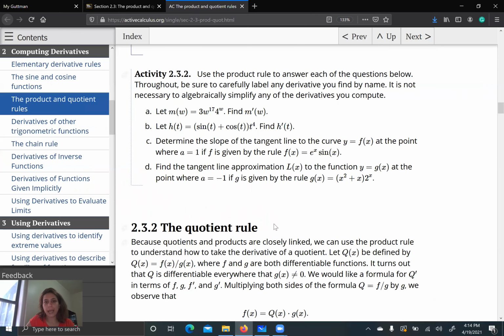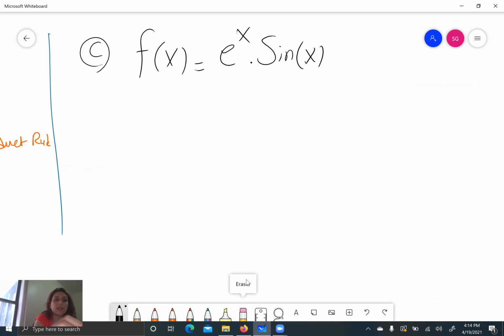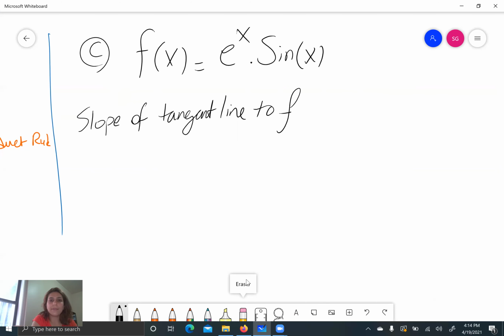Now the question asks for the slope of tangent line to the graph of this function at 1. So we need to find a slope of tangent line to the graph of f at x equal 1. That's the question.